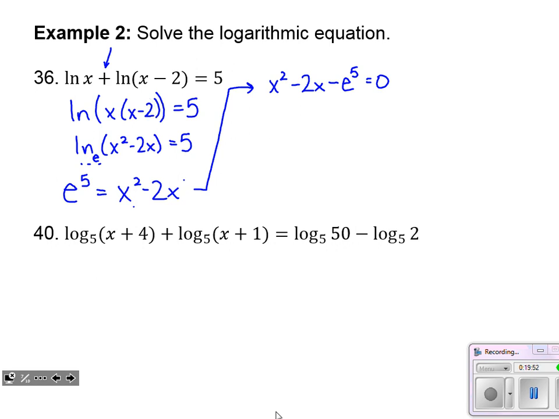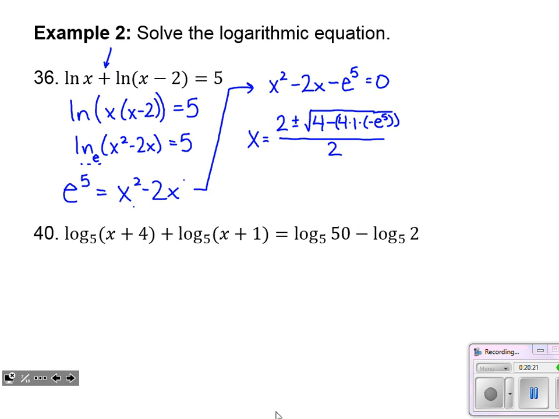e to the fifth is just a number. So to find my solutions x, I've got the opposite of b plus or minus the square root of b squared minus 4, let's group that, 4 times a times c, all over 2 times a. And if you've been following along in our calculator tips and tricks section, we made a quadratic formula program.